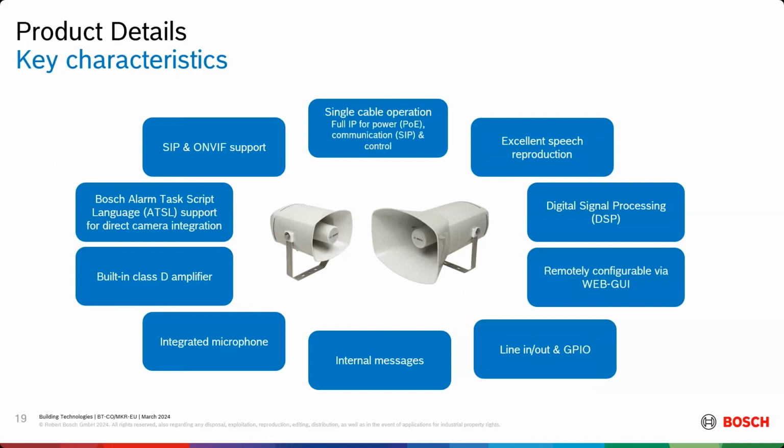We have an internal message storage and player, and the GPIO and line in, line out audio connections. There's direct camera integration based on the Bosch Alarm Task script language, and making announcements from a SIP or ONVIF based system with talkback via the built-in microphone is also possible.